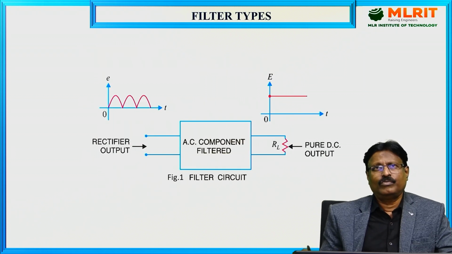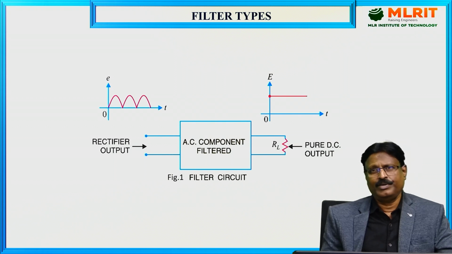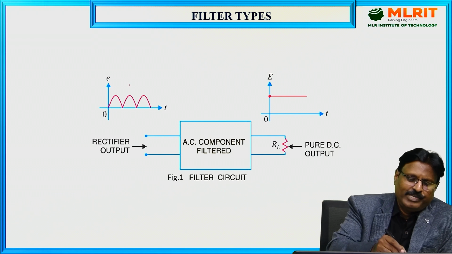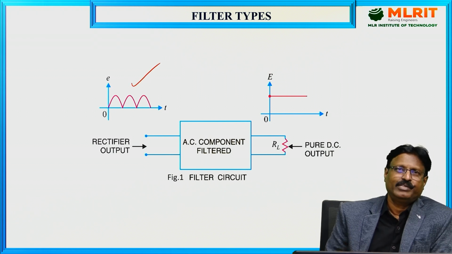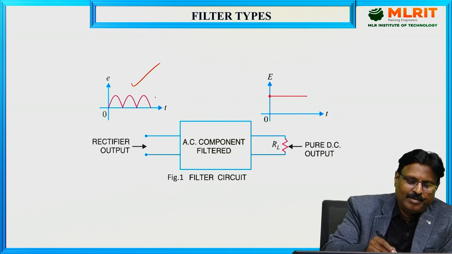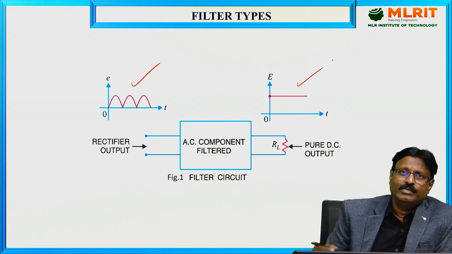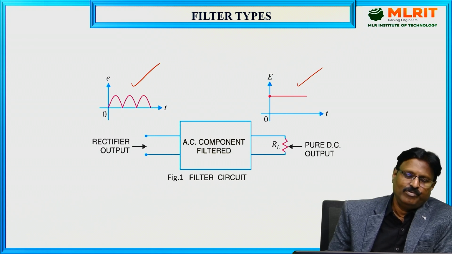So first of all, what do you mean by a filter? Why do you go for a filter? If you observe the rectified output, as you can see here, it is a pulsating DC, which is not a pure DC. The rectification process has to convert AC to DC.